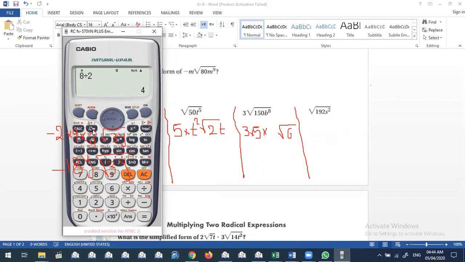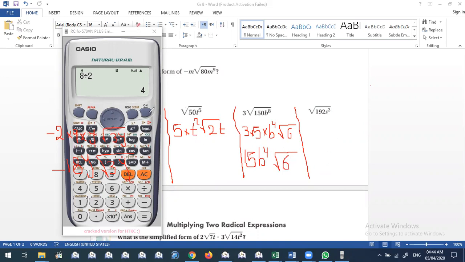So the answer is b to the power of 4, because here the power is even, so no remainder. So write b to the power of 4, the answer. 3 times 5, 15, and b power 4, square root 6.